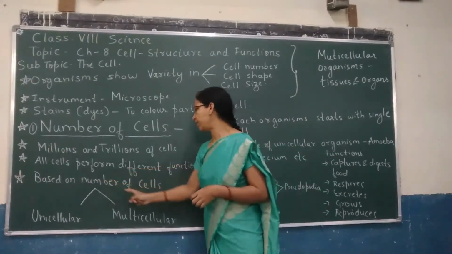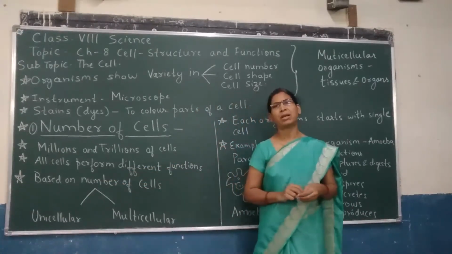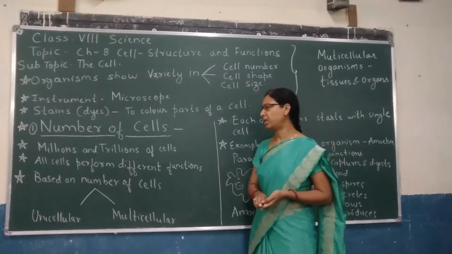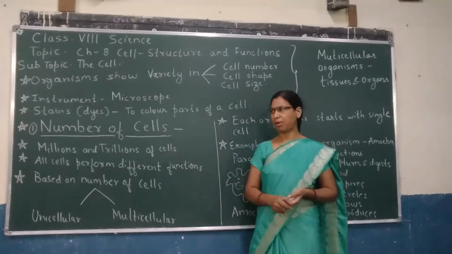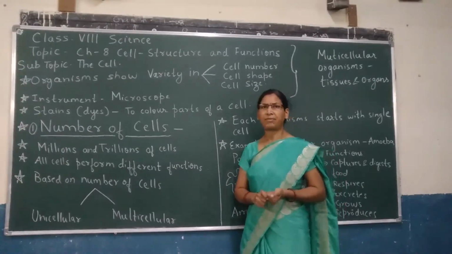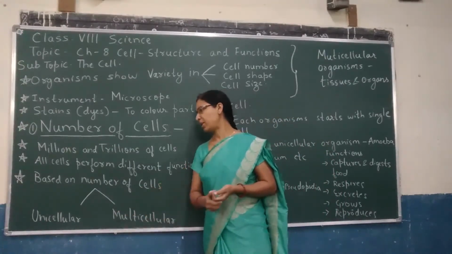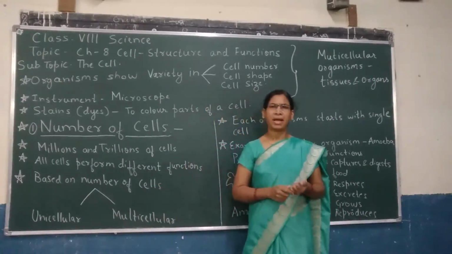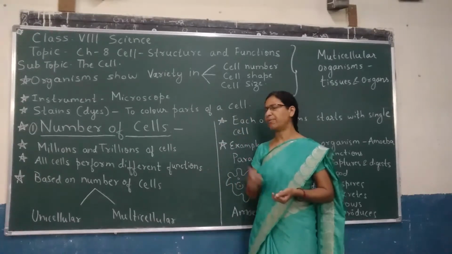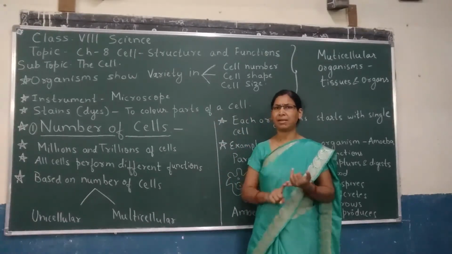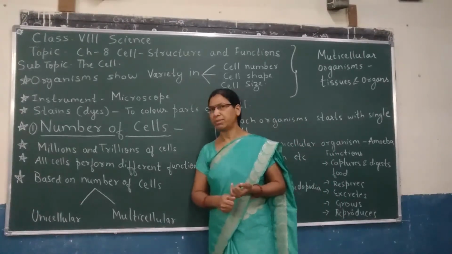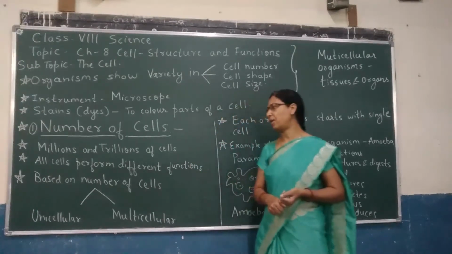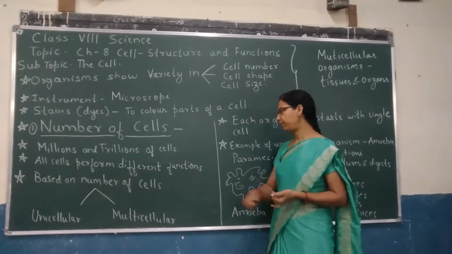Based on the number of cells, there are mainly two types of organisms: unicellular organisms and multicellular organisms. Already I have told you what is meant by unicellular organisms. Uni means single, cellular means cell. So organisms whose body is made up of a single cell are called unicellular organisms.